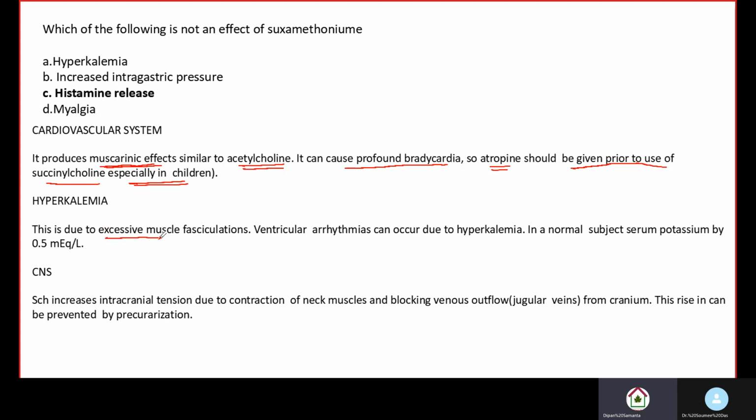Hyperkalemia is caused due to excessive muscle fasciculation. Ventricular arrhythmias can occur due to hyperkalemia. In normal subjects, serum potassium increases by 0.5 milliequivalent per liter.